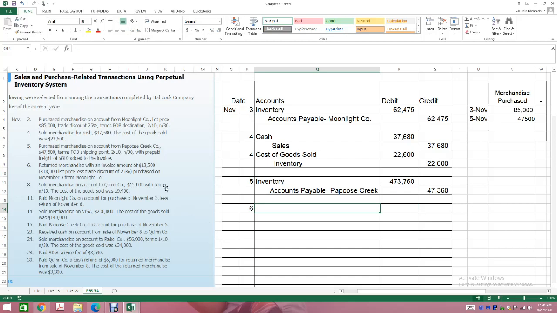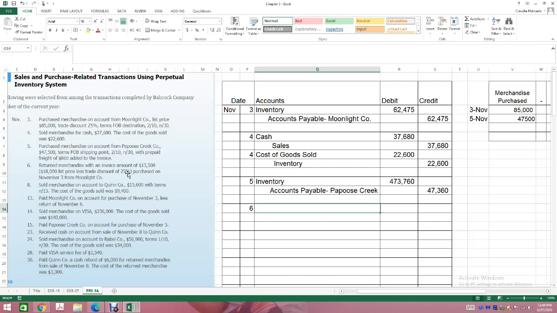Now, it's saying that the invoice amount is $13,500, and this has to do with the November 3rd transaction. So let's look at November the 3rd. On November the 3rd, we had that $85,000, that trade discount, and the FOB destination discount of $210. Now, the problem says that we return merchandise of $13,500. It was the $18,000 list price minus the 25% trade discount.